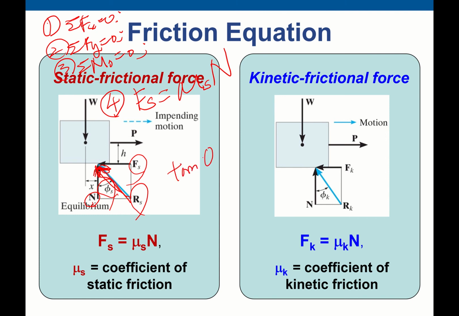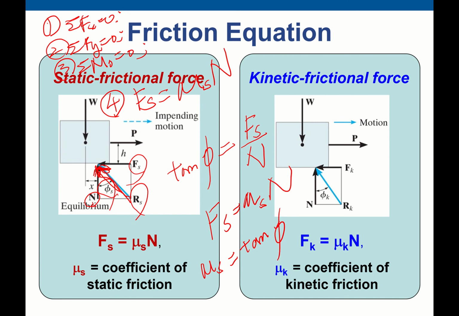Tangent psi is actually friction S over N, the normal force. And we know that friction S is equal to mu s N. That means mu s is equal to tangent psi. So this angle is affecting the frictional coefficient.